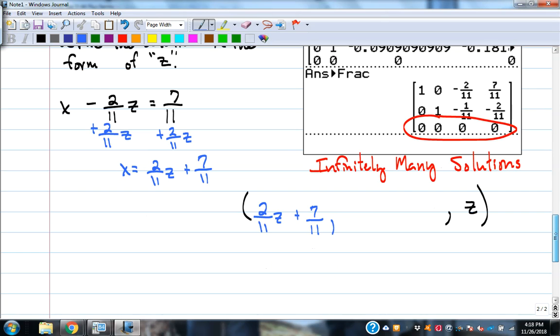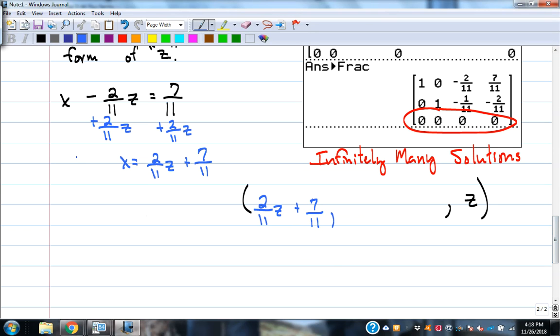I'm going to do the same thing for the Y equation. If I take the second row of this matrix up here, the second row says Y minus 1 over 11Z is equal to negative 2 over 11. That's what the second row in our reduced row matrix says.